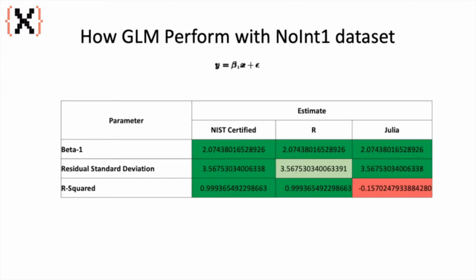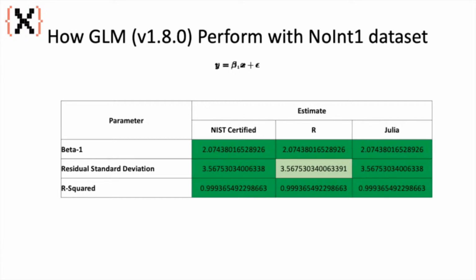We can see both R and Julia produce the same estimates, and the estimates match the certified values. In the case of R squared, R matches the certified value, but Julia unfortunately produces a negative value. This has been corrected in the latest release, version 1.8.